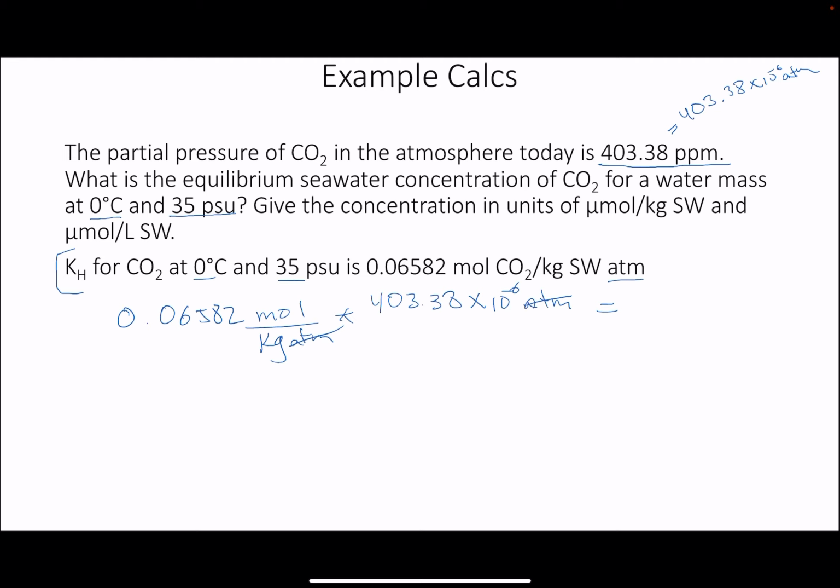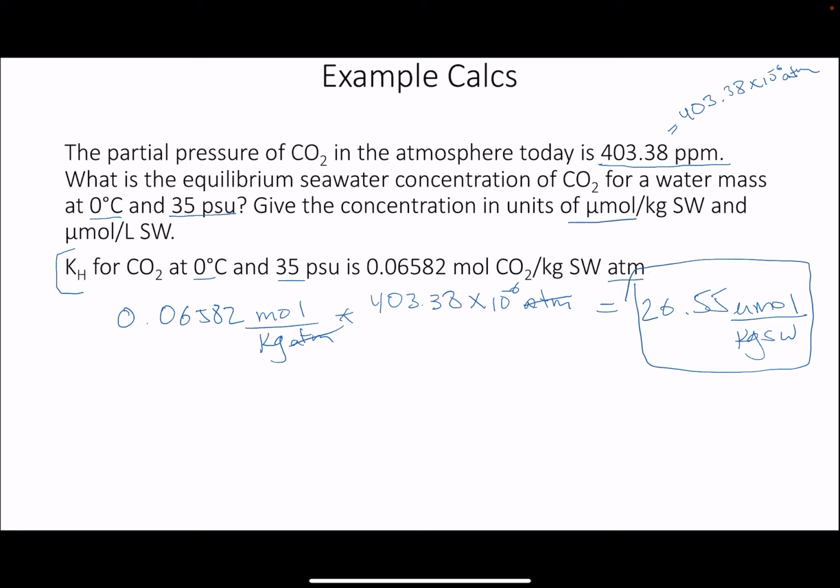Okay? And in this case, you end up with a value of 26.55, and I'm going to give you in micromoles because it's too big otherwise, micromoles per kilogram seawater. So that's your equilibrium concentration of CO2 in this gas parcel in units of micromole per kilogram seawater.